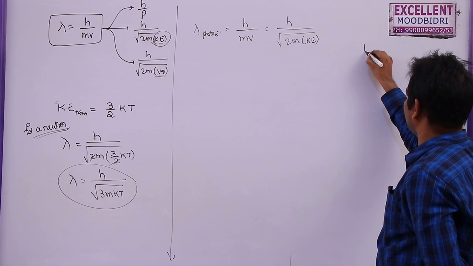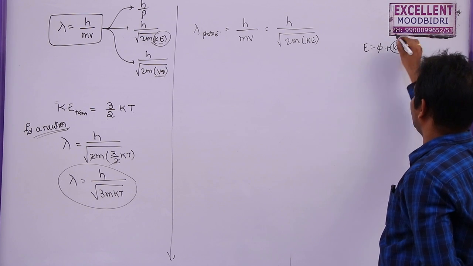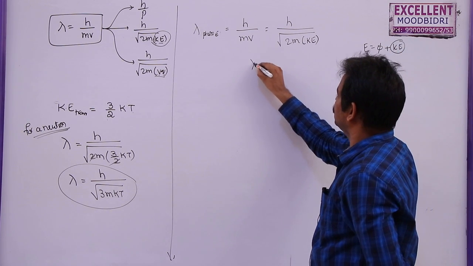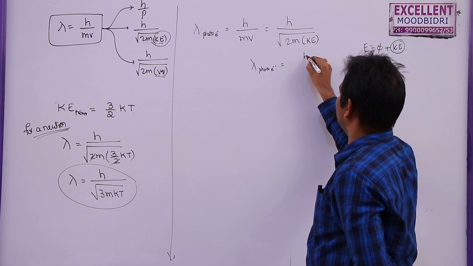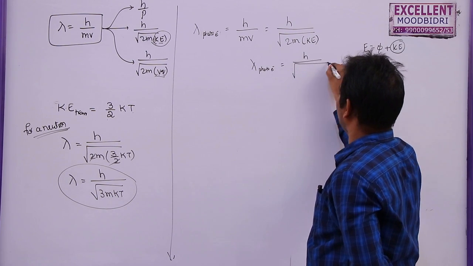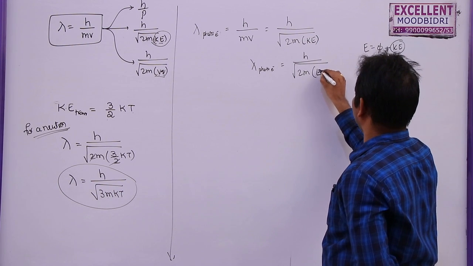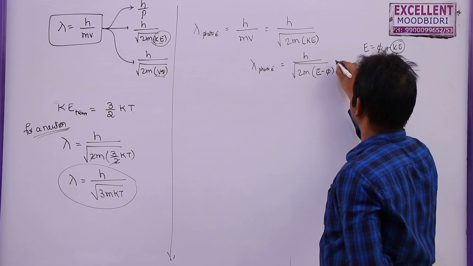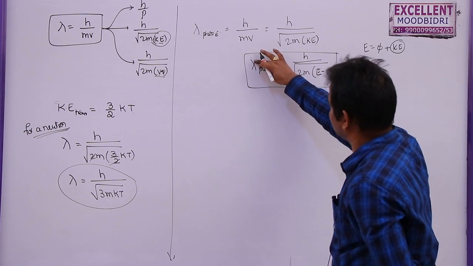For a photoelectron, we know that E is equal to 5 plus KE. So KE is equal to E minus 5. So lambda of the photoelectron is given by h by root over 2m into (E minus 5). This is the de Broglie wavelength for a photoelectron.